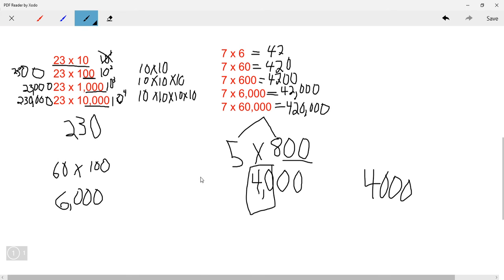So hopefully that gives you a basic idea of exponents, specifically to the power of 10, as well as how to multiply by powers of 10. I also do want to mention that these exponents only work this way for powers of 10. If I were to do 6 squared, that doesn't become 60.